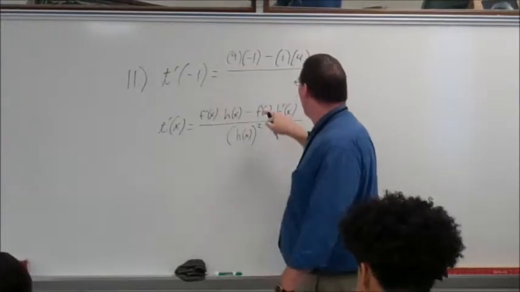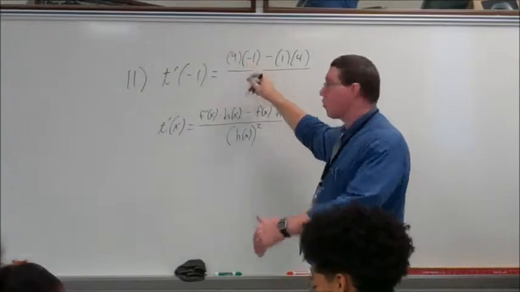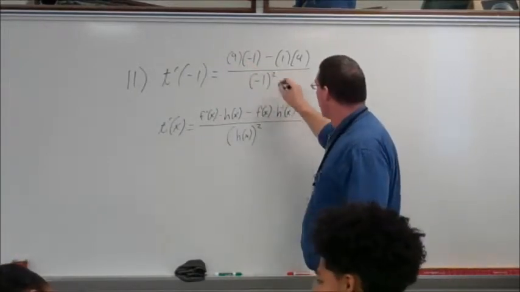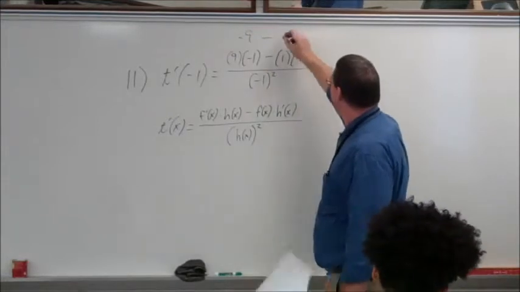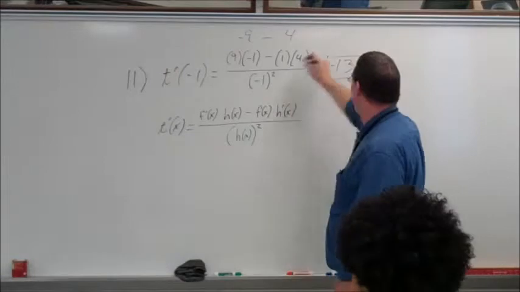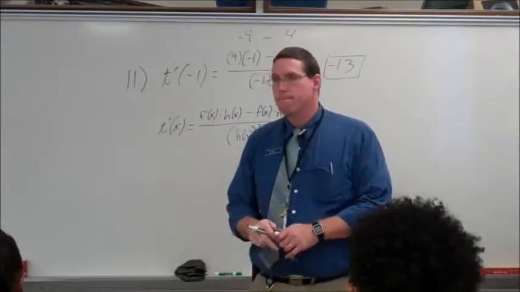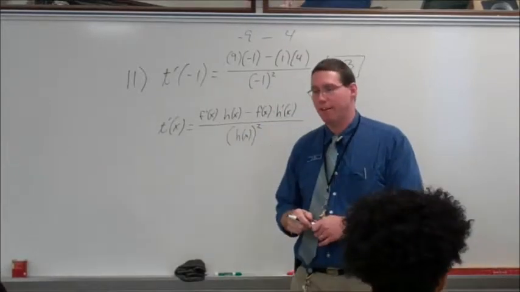All over h of negative 1 squared, which is negative 1 squared. So negative 9 minus 4 over 1. That's negative 13. Okay? Which one was that for? That was number 11.